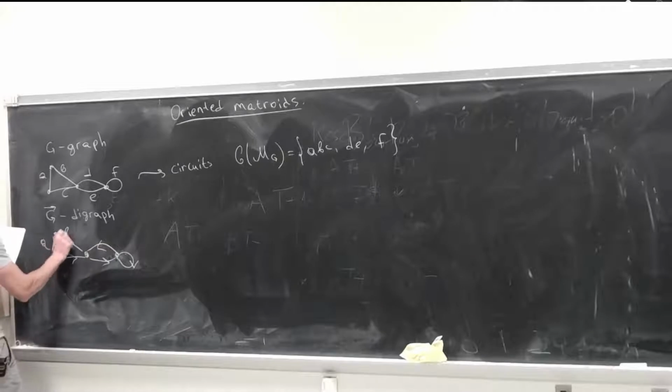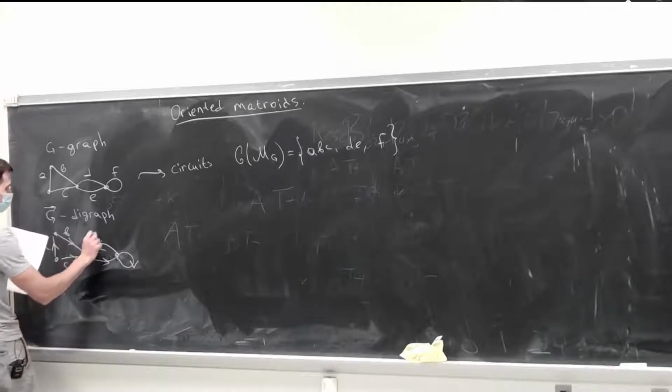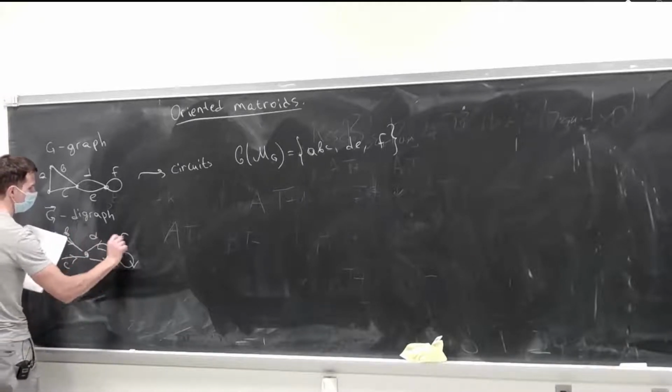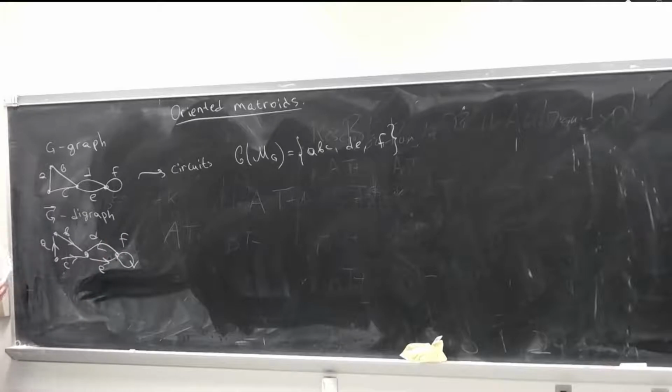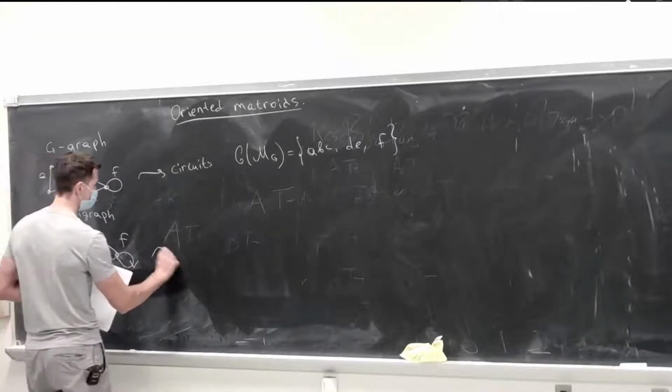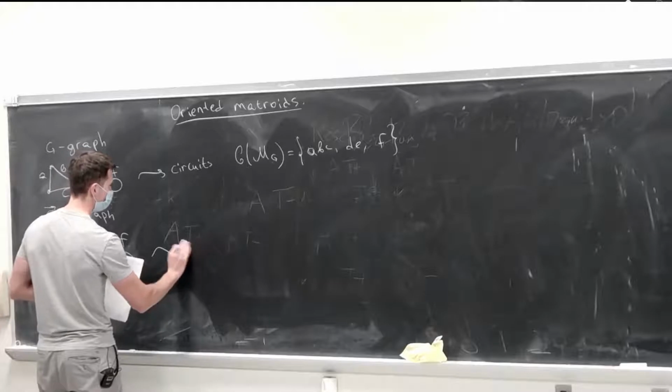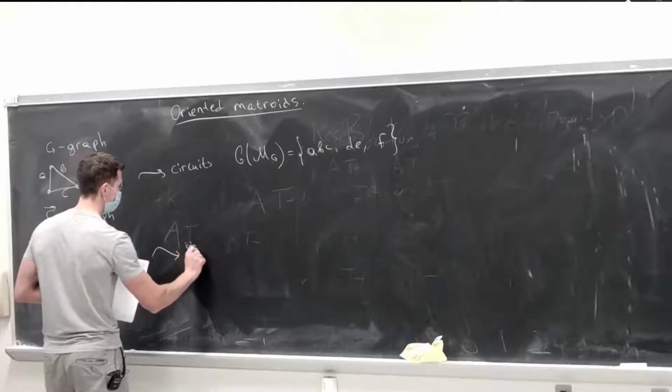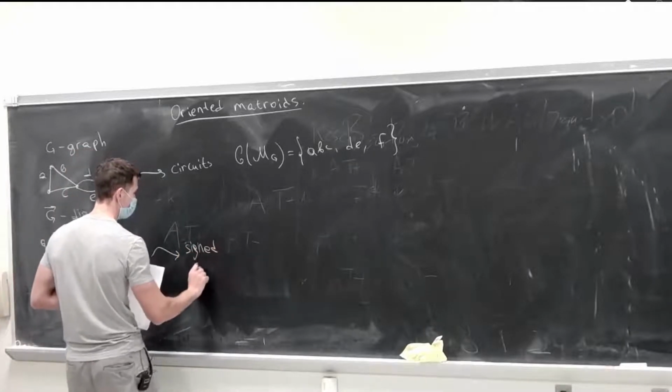Now my edges are oriented. How do I want to define oriented circuits for such a graph? Let me call them signed circuits.